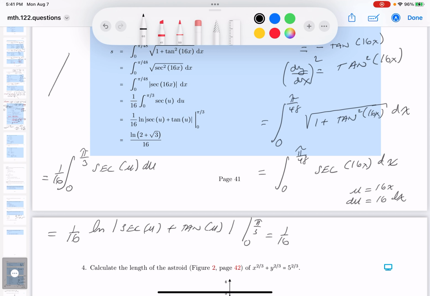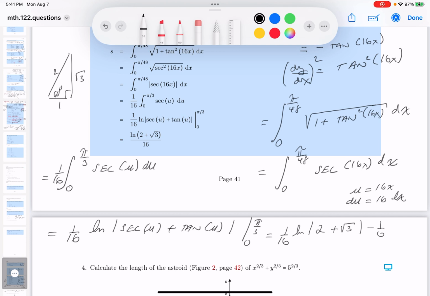I'll put a little triangle over here to help you out: that's pi over 3, with sides root 3, 2, and 1. So it's going to be 1/16 ln, absolute value. The secant of pi over 3 is 2, since the cosine is 1/2, and the tangent of that would be just root 3.